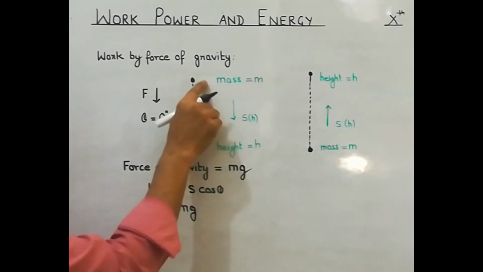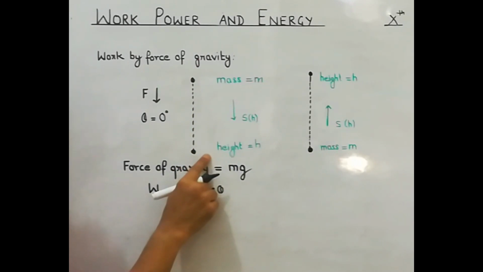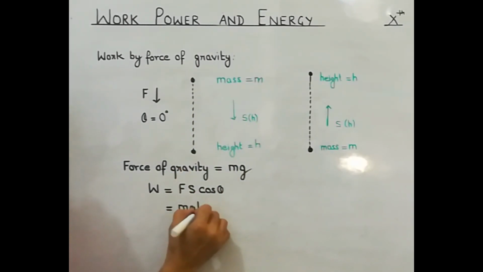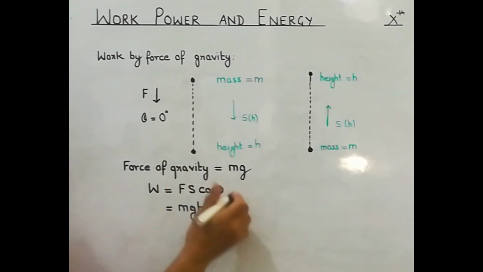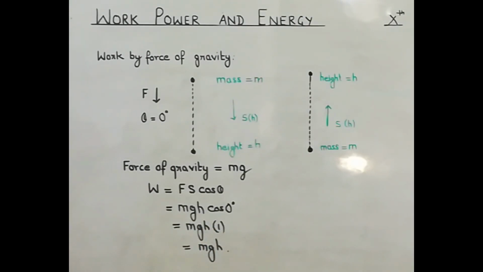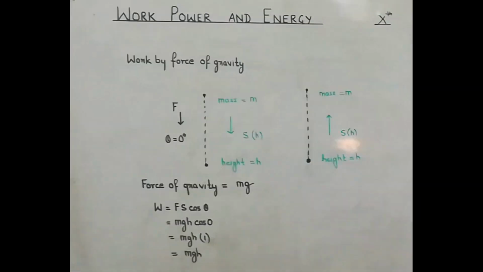The body has moved through a height h in the downward direction, so displacement is equal to h. And then cos theta, here theta is 0. So it's mgh into 1. So this is the formula for work done by the force of gravity.